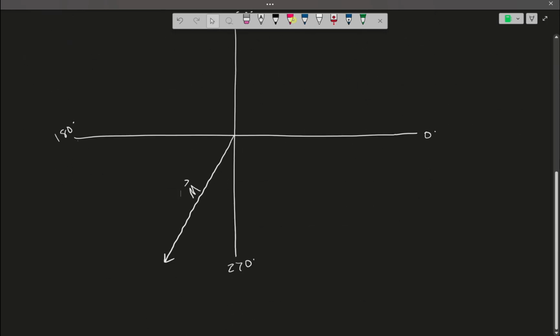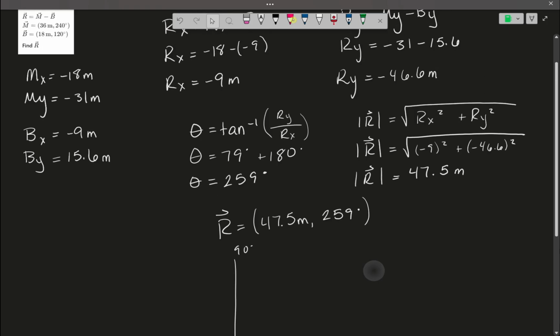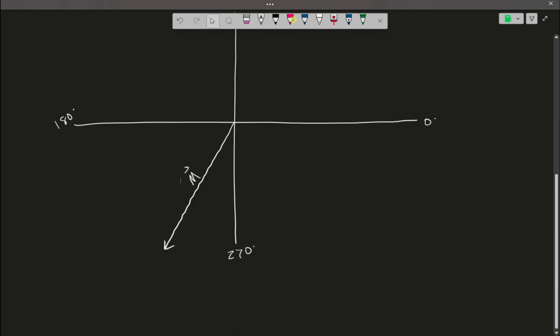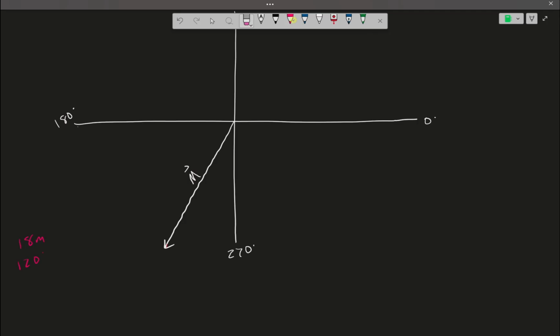B is 18 meters at 120 degrees. I'm going to forget, so I'm going to draw another little coordinate system on here. 120 degrees would be about right here, and it is going to be about half the size of M, but this is when I'm adding them together.